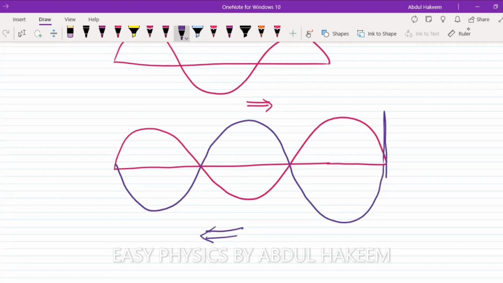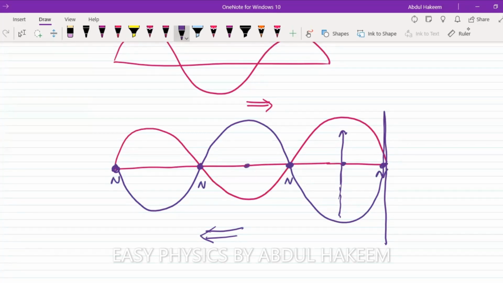So there is no net transfer of energy. And these points are permanently at rest. These are called nodes. And these points are moving with the maximum speed, with the maximum amplitude. These are called antinodes. So node, node, node, and node.